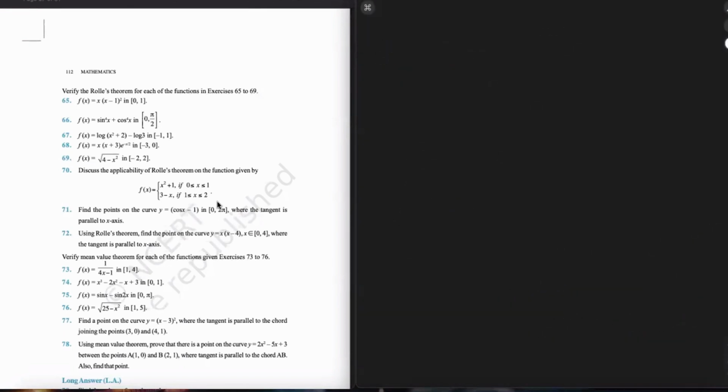So there is a function given to us. For Rolle's theorem to be not applicable, we should either... What was the condition for Rolle's theorem to be applicable?